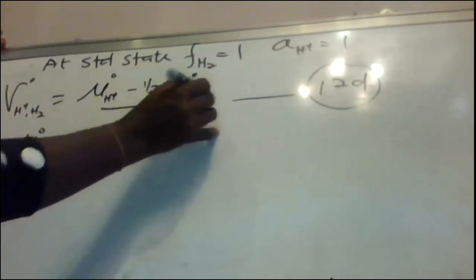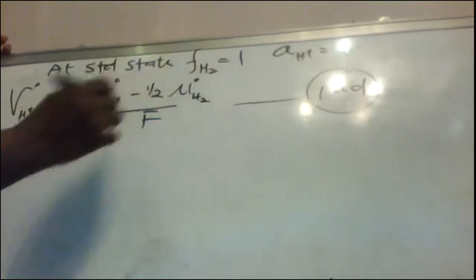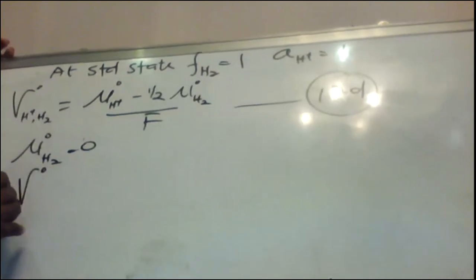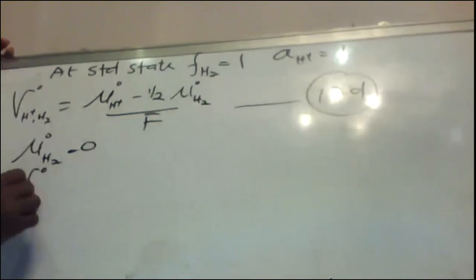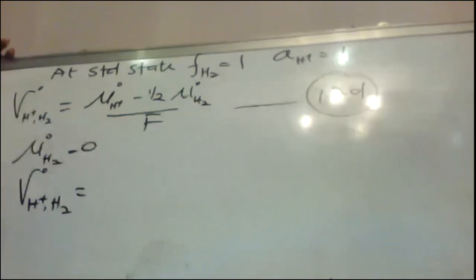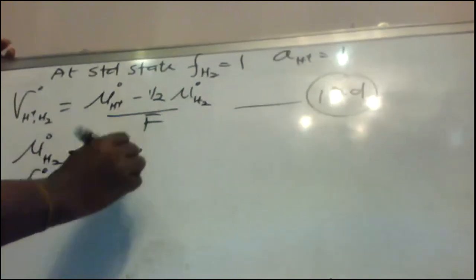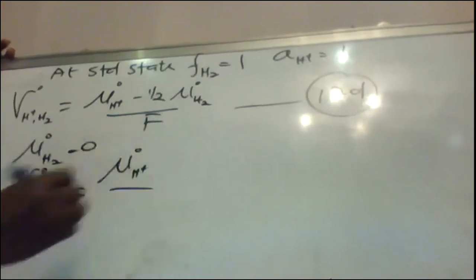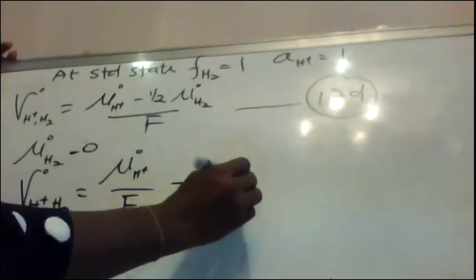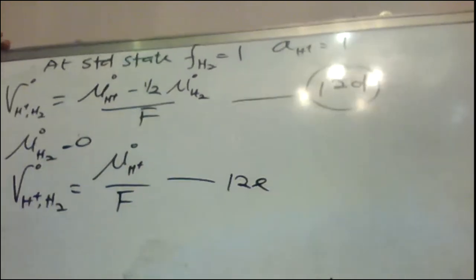Therefore, this constant here would be 0. So if that be the case, the standard potential of the hydrogen electrode will be equal to mu naught H plus over F. This is your equation 12E.